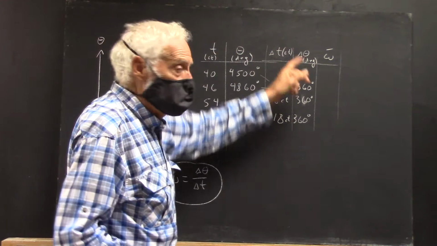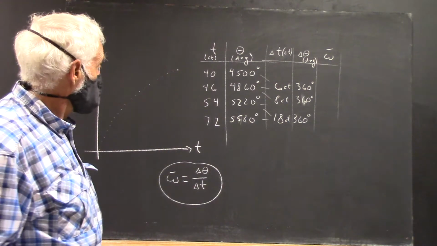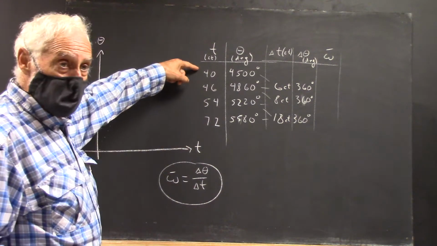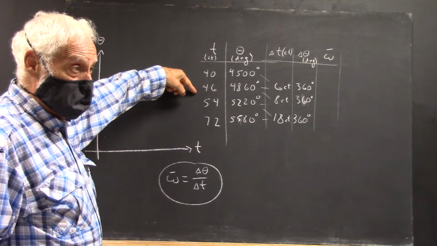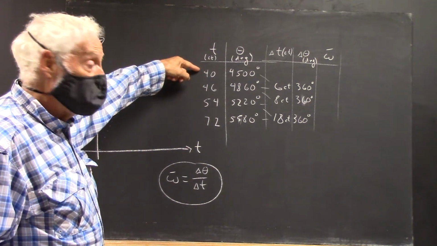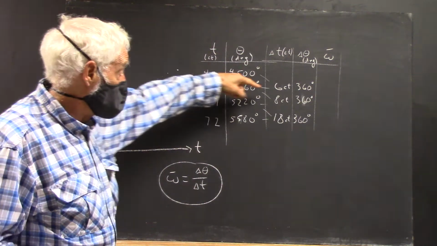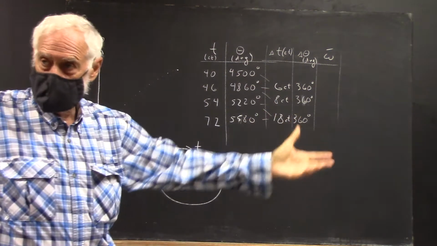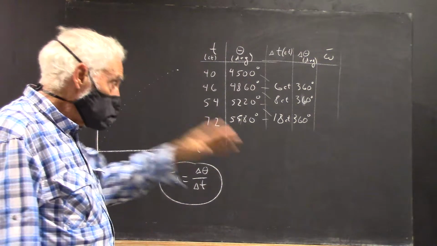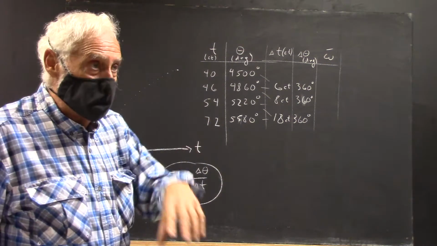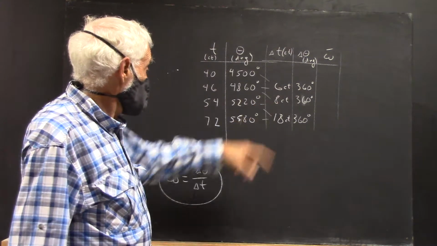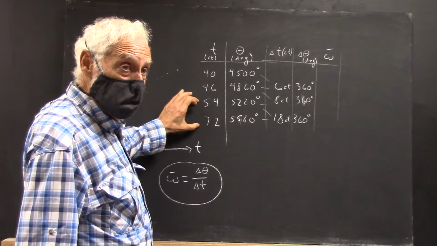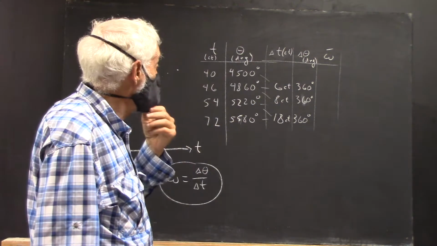So when I calculate delta t, I'm going to have to subtract where we are from where we end up on each interval. So I'm subtracting 40 counts from 46 counts. I get 6 counts. Everybody did that correctly, so we understand that. Then we subtract here, we get 8 counts. We subtract here, we get 18 counts.